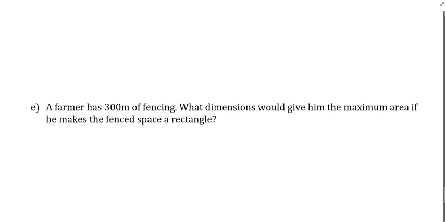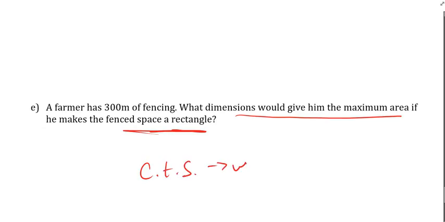A farmer has 300 meters of fencing. That's like perimeter, so I can use that. He's going to make a rectangular area with the fencing. What dimensions would give him the maximum area? So how would I do that one? Completing the square, right? To find the vertex. Because it says the word maximum.